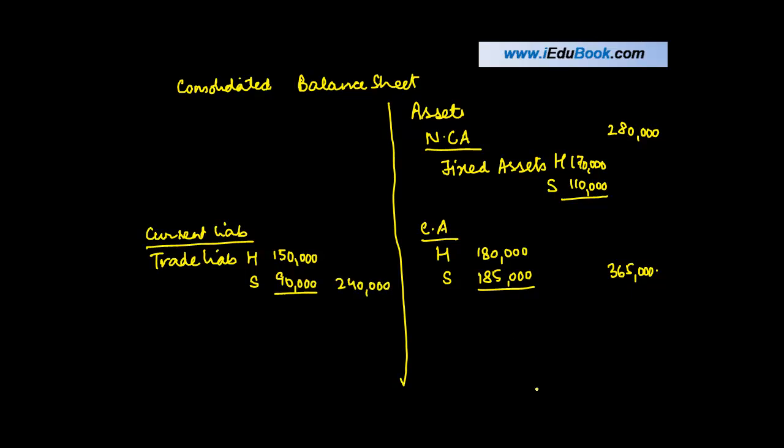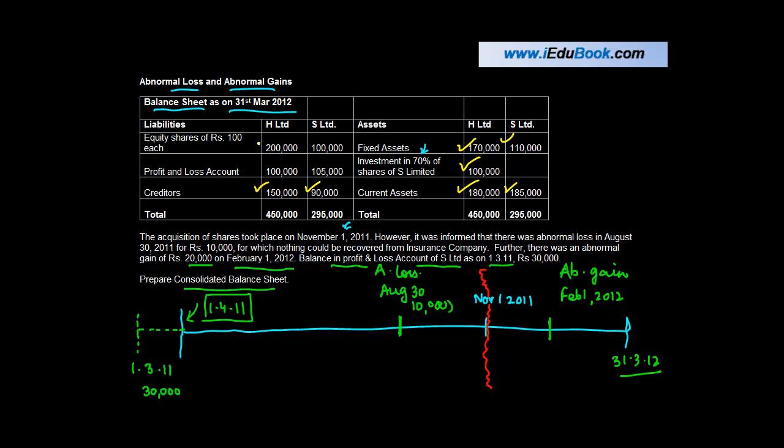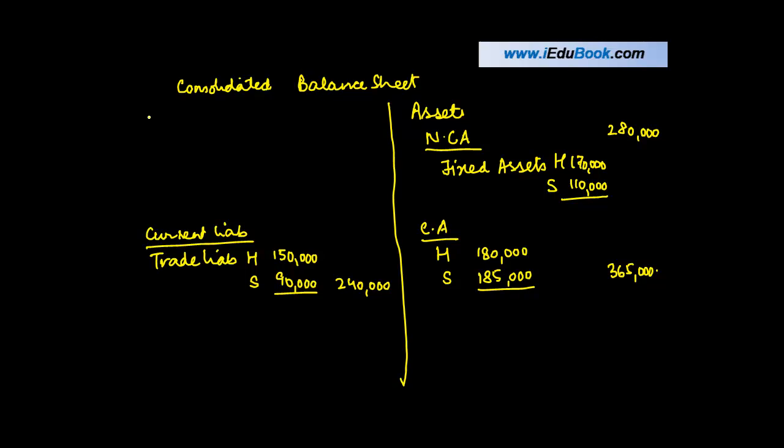Total 2,40,000. We have equity share capital for H Limited, 2 lakh. So you have equity and liabilities. Under equity and liability, you have shareholders' funds, in which you have equity share capital.